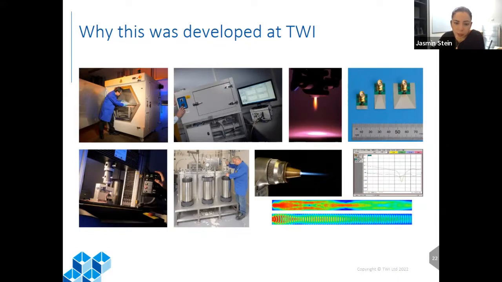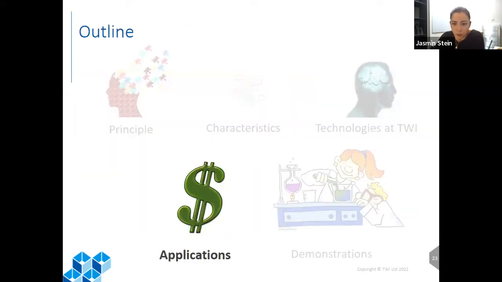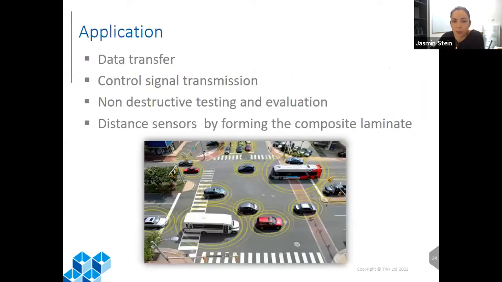In terms of application, it's anywhere where you want to do data transmission and you have a composite; you can use this technology.